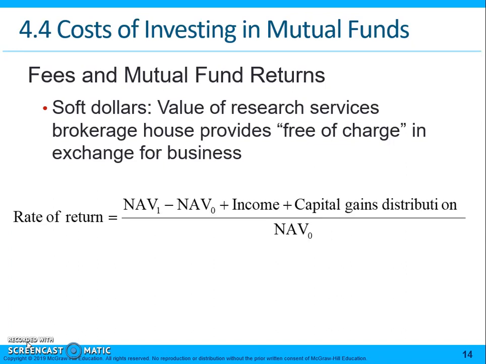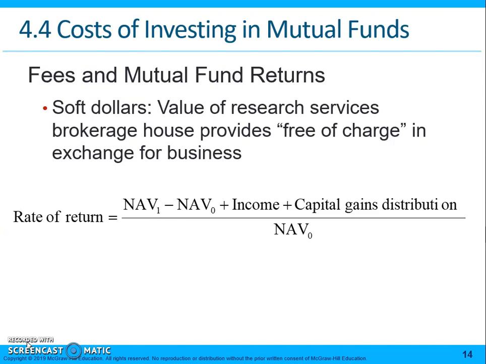So, rate of return. This is essentially the same formula that we've seen before. Holding period yield. We're simply using the net asset value at the end of the period minus the net asset value at the beginning of the period, plus any income and capital gains distribution, and then we would divide by the beginning net asset value.